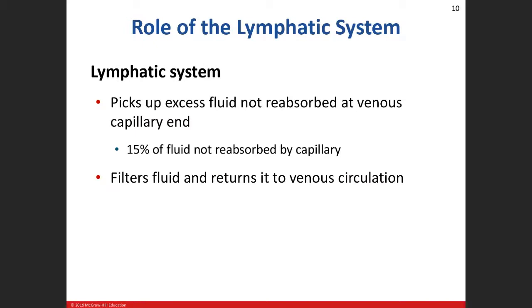We'll talk about the lymphatic system more on this, but not all the fluid that gets pushed out of the blood vessel gets returned to the blood vessel. No problem. We've got the lymphatic circulatory system for that. It will pick up some of that fluid that didn't make it back into the capillary.